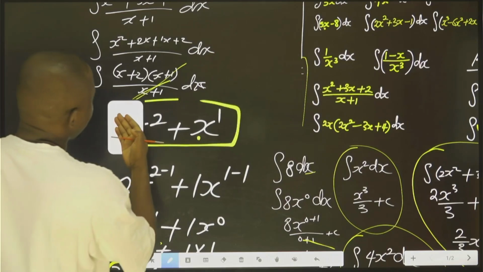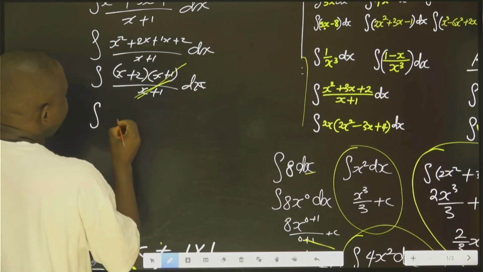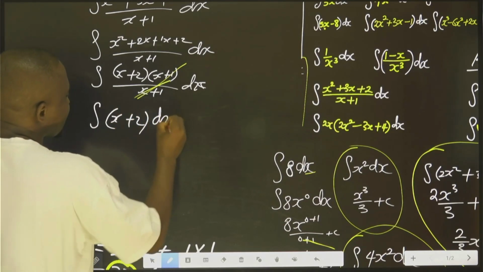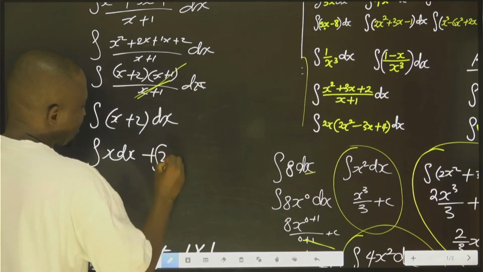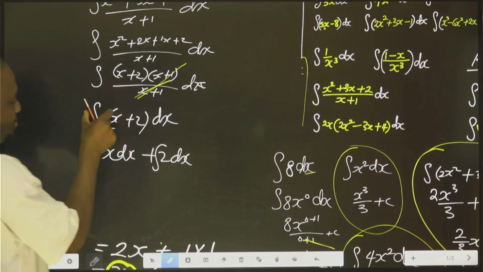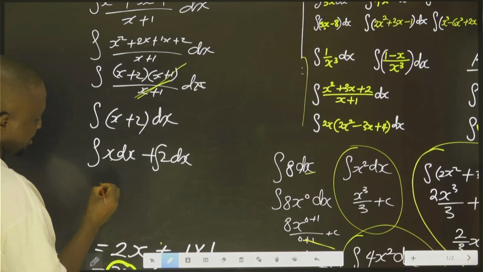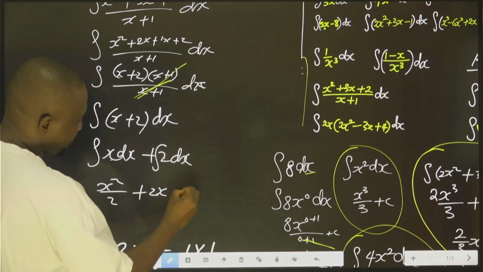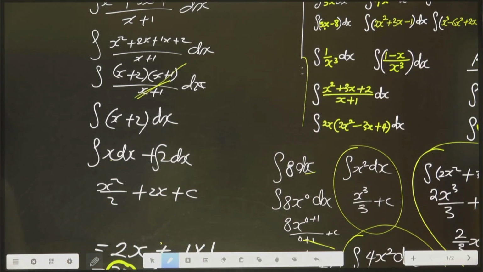So now we have s plus 2 dx, which you can do like this. For this and for this, s and 2. This one will give us s squared over 2 plus 2s plus c. That is the answer. Okay?